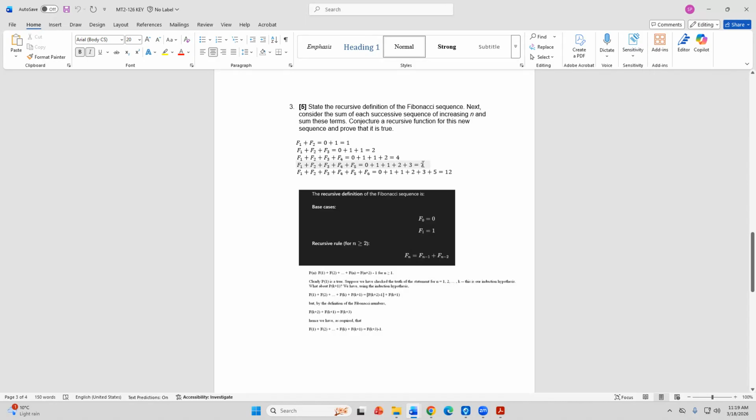Okay, 7 comes about from, we were missing F7 in order to do that. So 4 comes about again by adding 2 to 2. So it's this to this, and this one is this to this. You can see that pattern if we extended it further. That's how we guessed that this was the sequence.